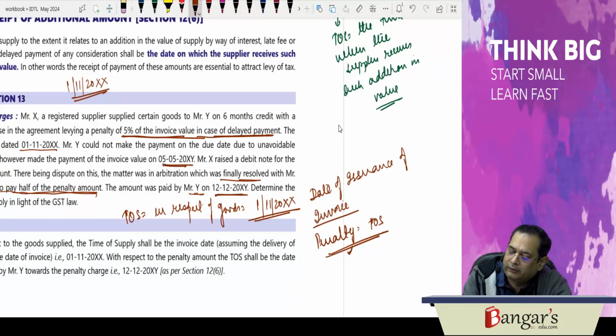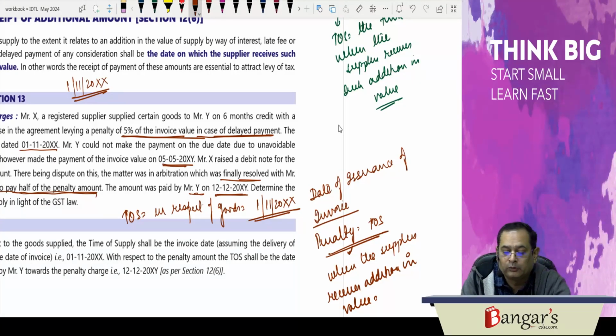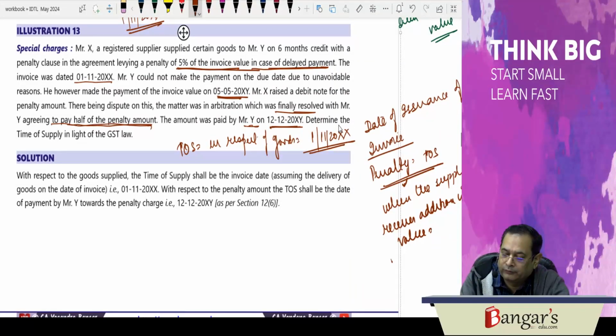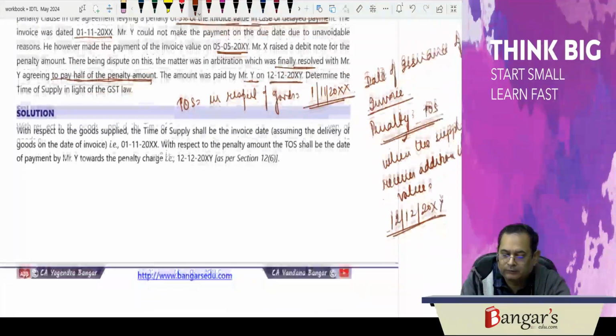When the supplier receives addition in value, that is on 12th of December.